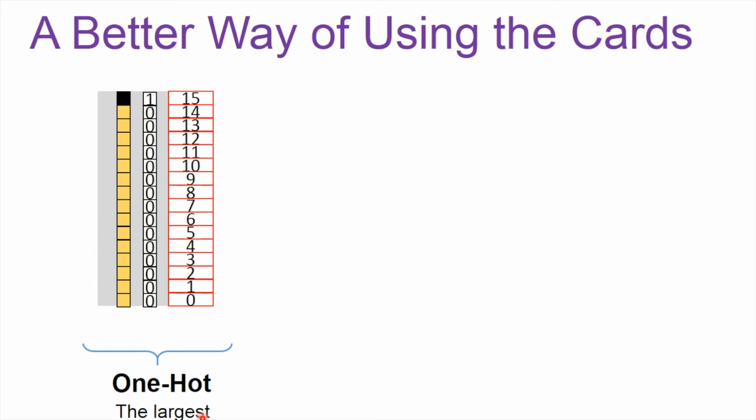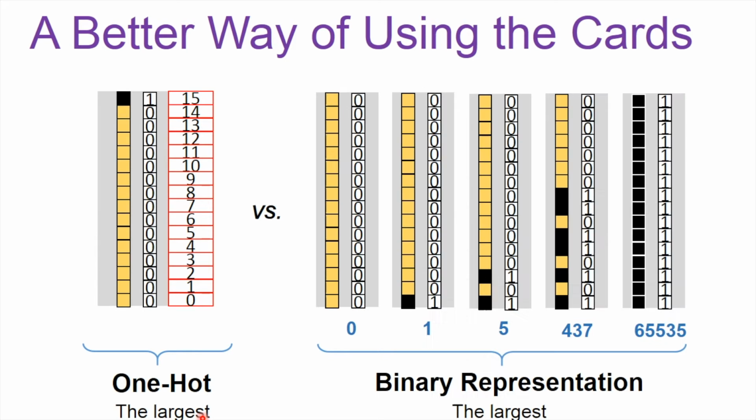However, we can do it in a better way. For example, what's shown here, we can punch multiple holes in a column. By using the combination, we can save more numbers there. For example, this is all 0, it's for 0. The first place 1 is for 1.